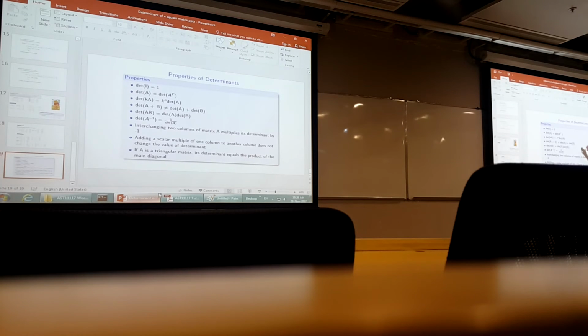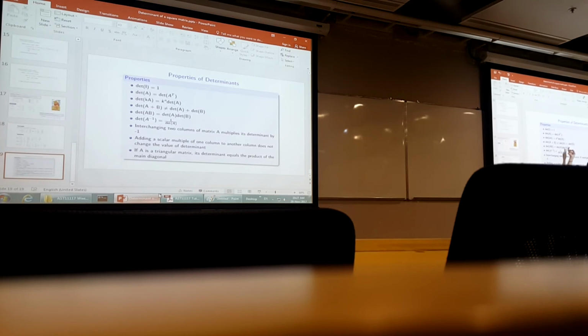And here are some properties of determinant. I'm not going to prove every one for you. Some are always true, this one, this one, this one, and this one, and this one are always true. This one is quite difficult to prove.